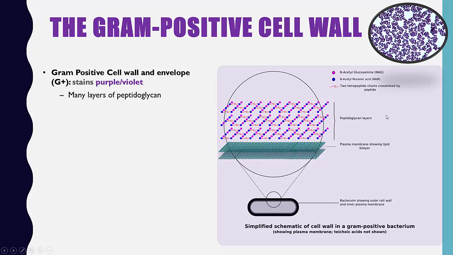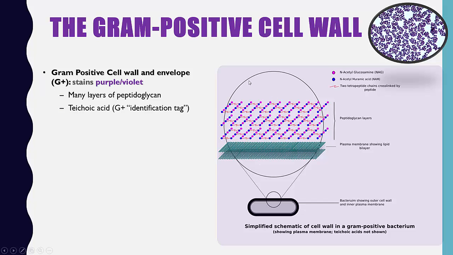Now, gram-positives have many layers of peptidoglycan. There is one other thing, though, that I wanted to mention. In addition to the single membrane and this thick peptidoglycan cell wall, gram positives have a chemical called teichoic acid, and it sticks up through the cell wall.